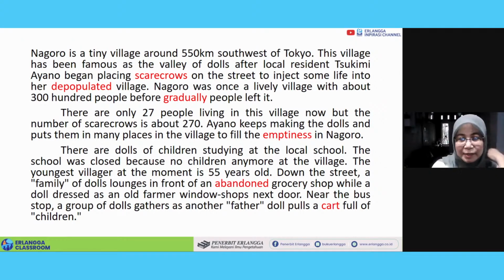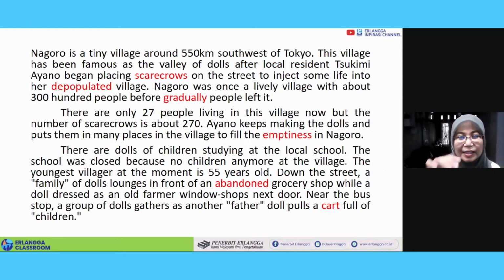So is this about the way or the reason Ayano makes the dolls, or the comparison between the number of living people and the dolls? Sepertinya pendapat kedua ini lebih tepat. So the comparison of the dolls compared to the real people in this village. Okay.